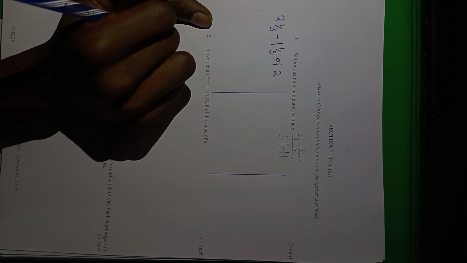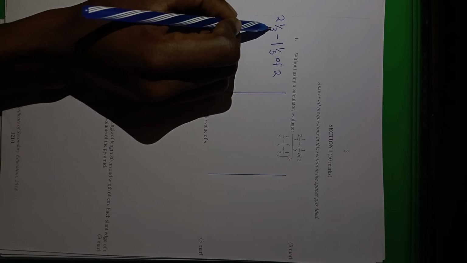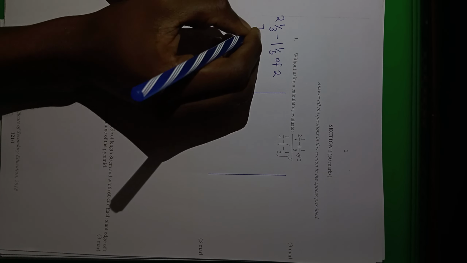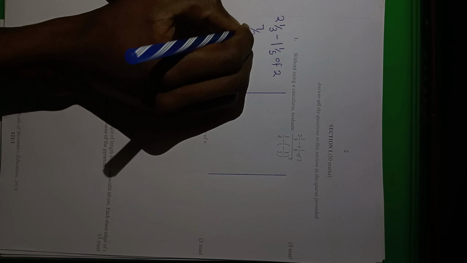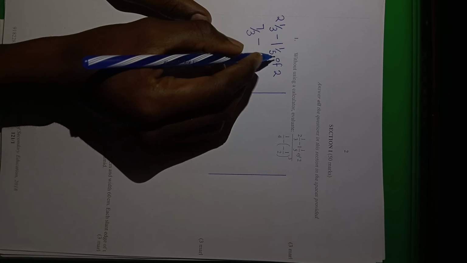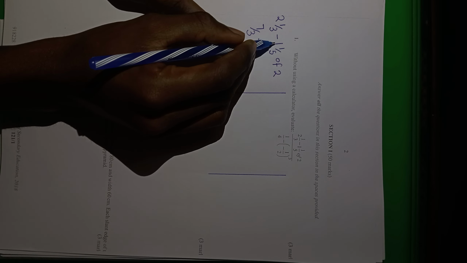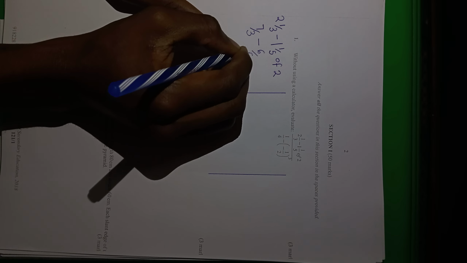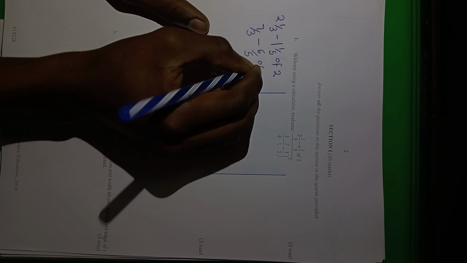That is the first step. And how do we convert these ones? I'm going to take 3 times 2, which is 6, and 6 plus 1, this gives us 7. So it is going to be 7 over 3, like that, minus 5 times 1 is 5, and 5 plus 1 is 6. So I write 6 over 5 here, and then of this one is 2.